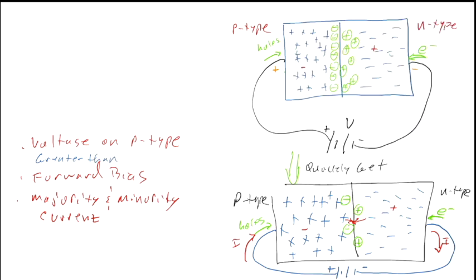That condition is the voltage on the p-type is greater than the voltage on the n-type. That's how I drew this battery. We have a higher potential on this p-type side than we have on the n-type side, and we call that forward bias.